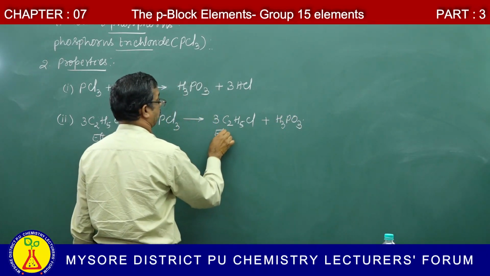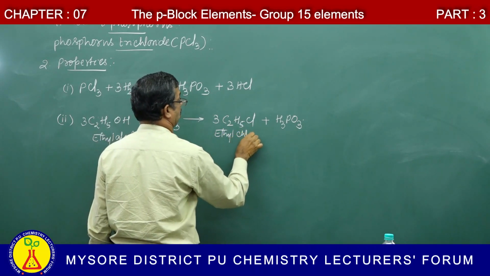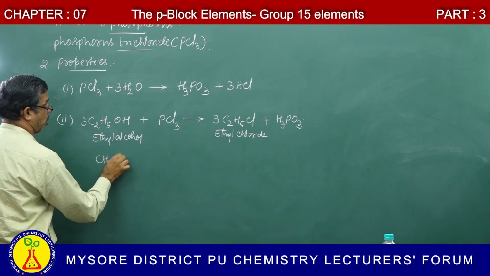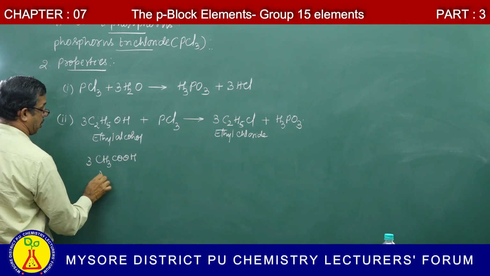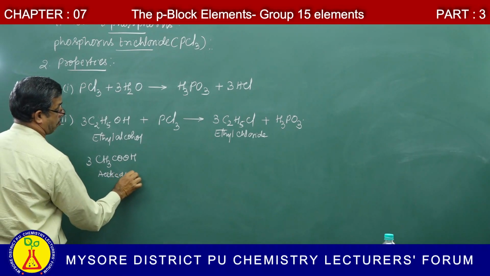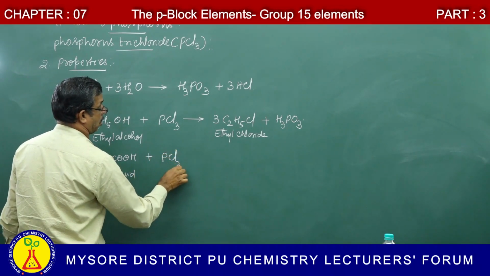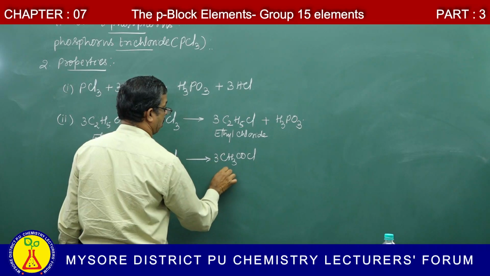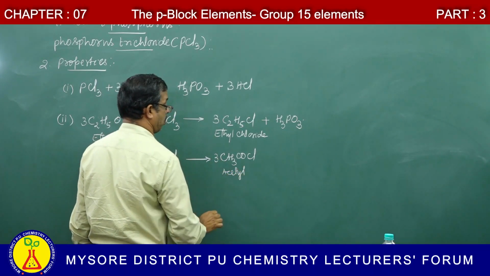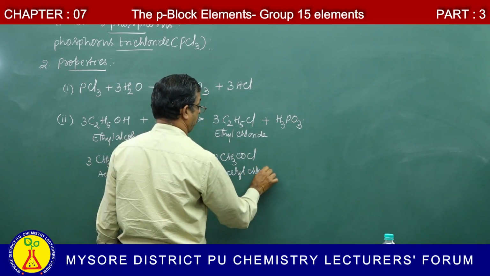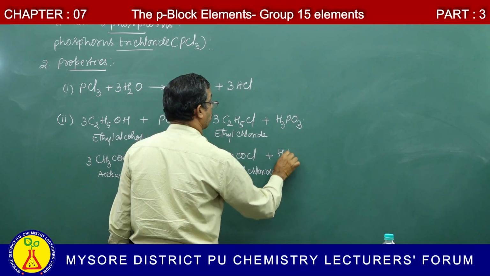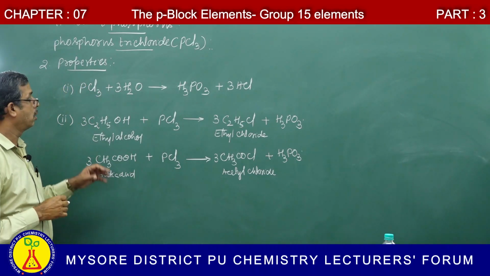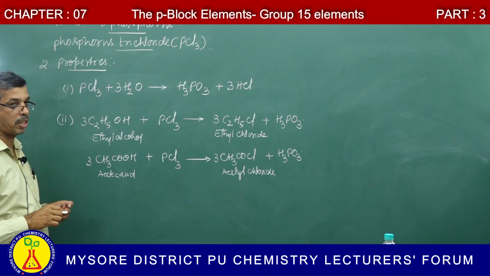This is ethyl chloride. And with acetic acid, CH3COOH, with PCl3 gives CH3COCl, acetyl chloride, and H3PO3. This is all about the properties of phosphorus trichloride.